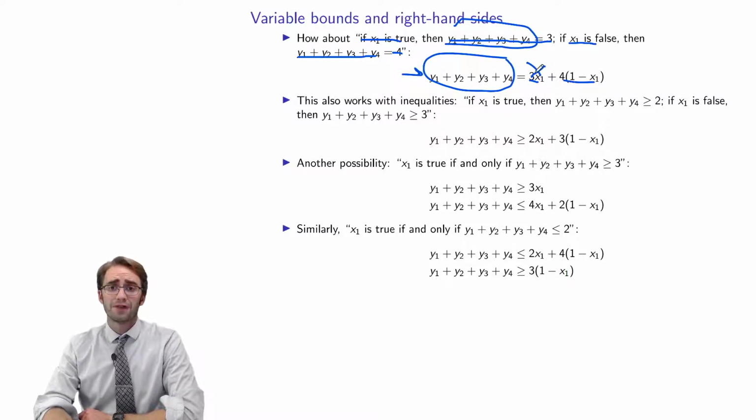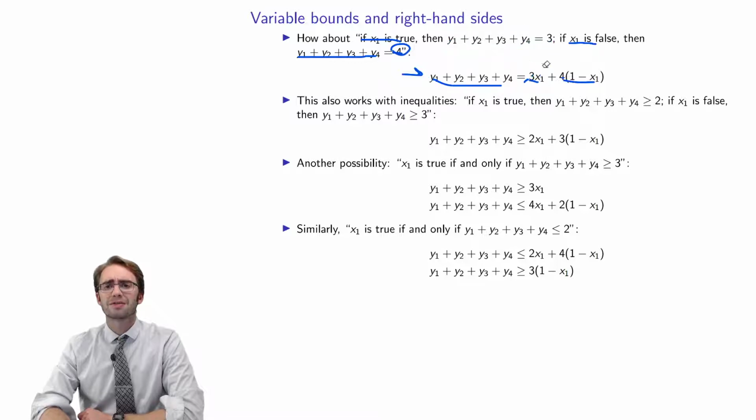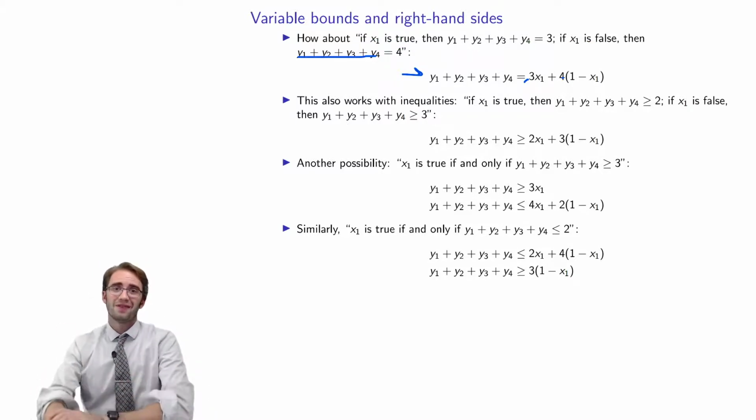Sorry, my eyes lost track of the slide. And if x1 is true, then these y's would sum to 3. And now I'm going to erase all these markings here to try to make this clear. All right, so that's how you would model a conditional equality constraint, where an equal sign depends on the value of a variable.